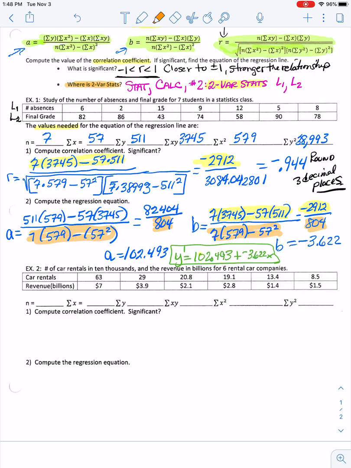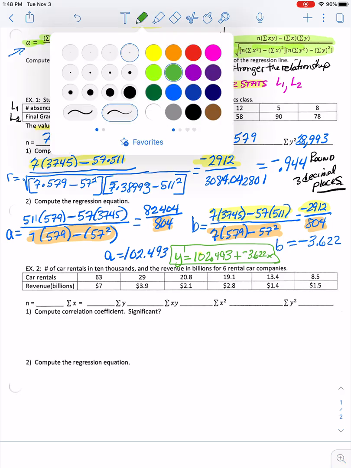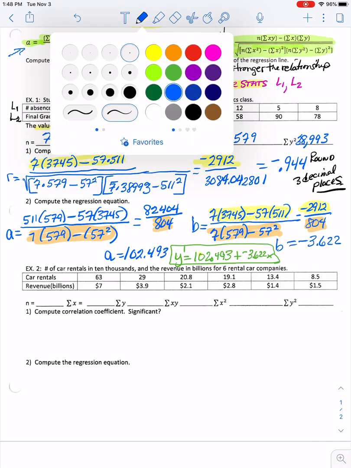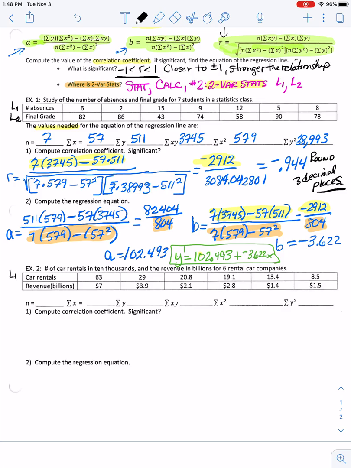All right, let me throw you one more example here. If you want to pause the video, let's load your data into L1 and L2.